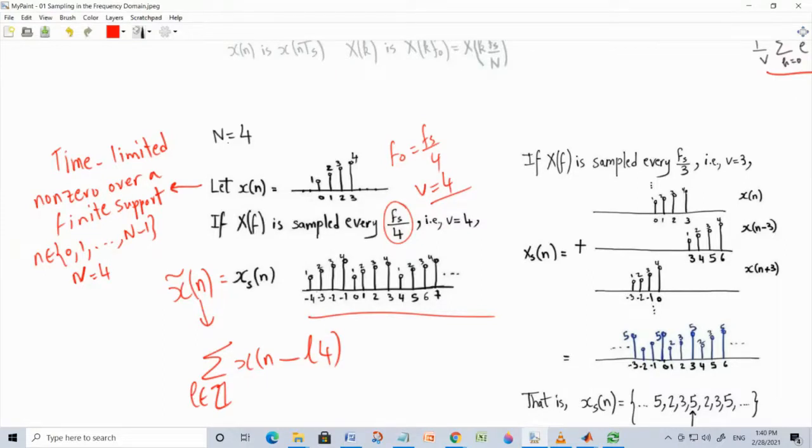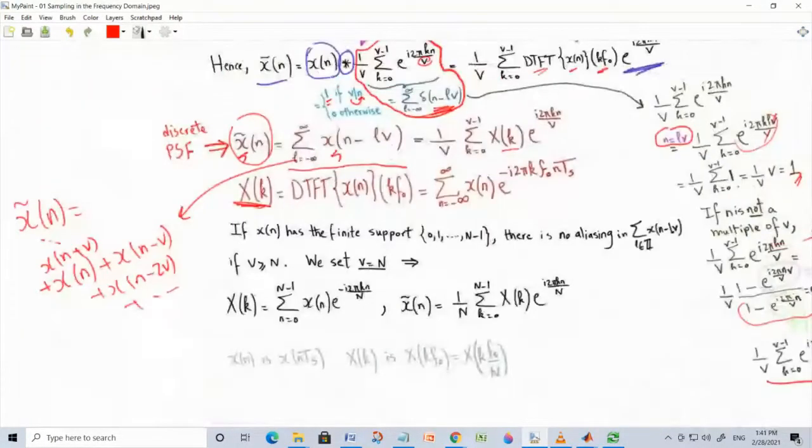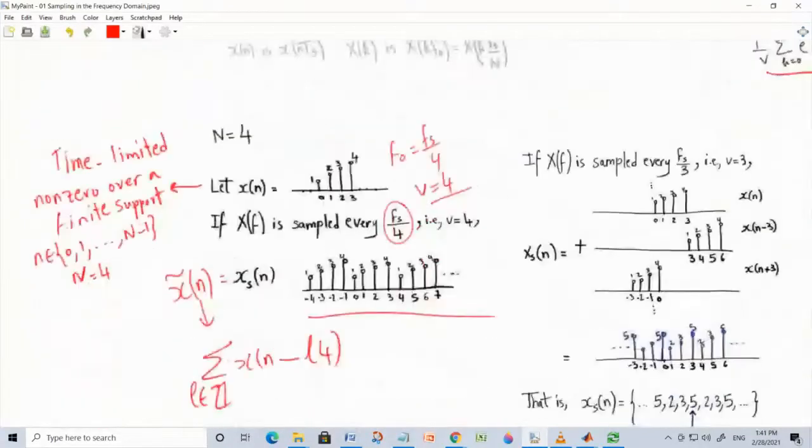Well, the impact is sort of minor. You get a new time domain signal, but this time domain signal is periodic, and it is specifically the periodization of the original signal every big N. The formula is that you periodize every v, and this is a special case when I choose v to be equal to big N.